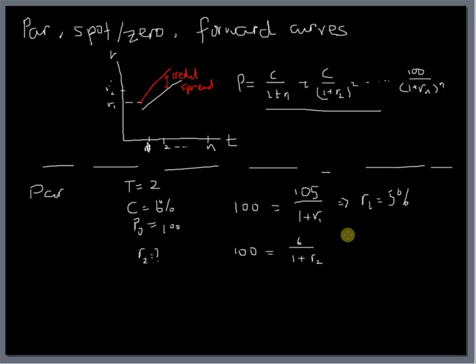Okay, so the coupon rate is the same throughout the whole period. So plus 106 over 1 plus R2 squared. Okay, so if you work out R2 by expanding this whole formula, you find that R2 is equal to 6.